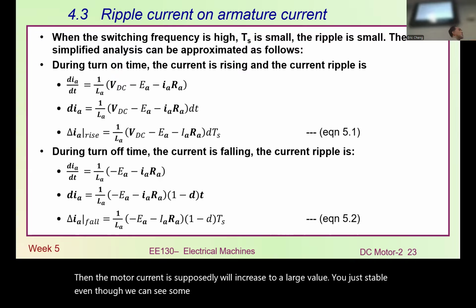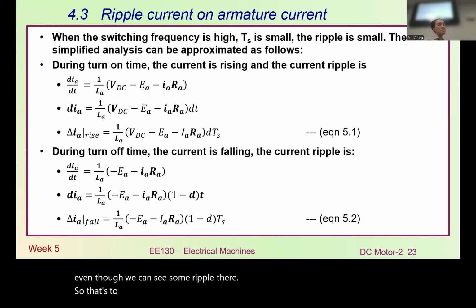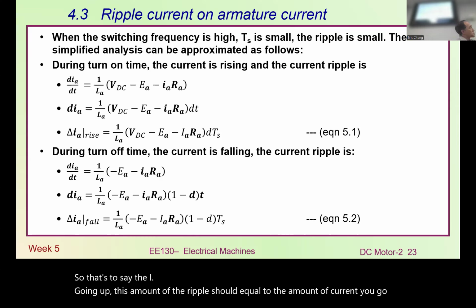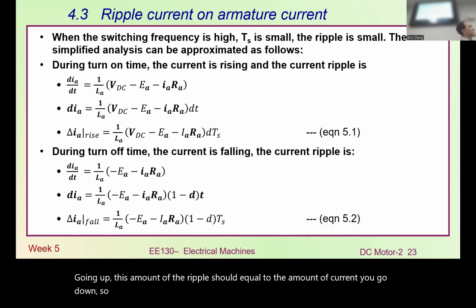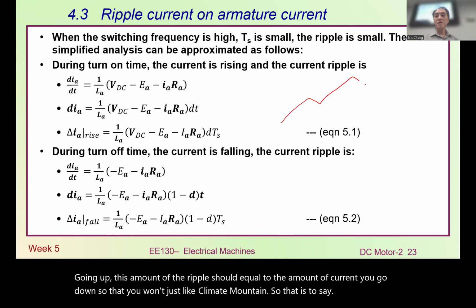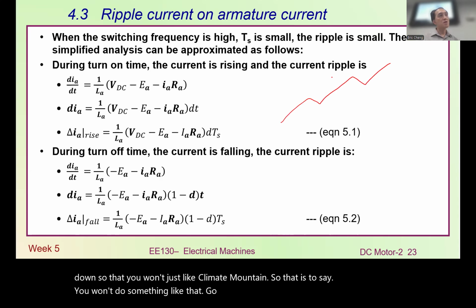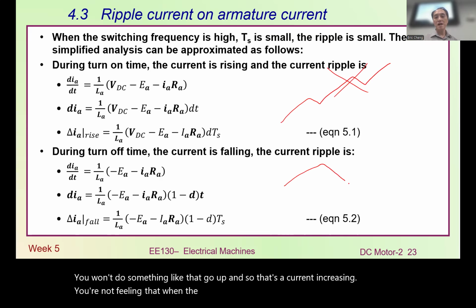That is to say, the amount of ripple going up should equal the amount of current going down. We're not doing something like going up and up so that the current keeps increasing. When the motor becomes stable, up and down should be the same.